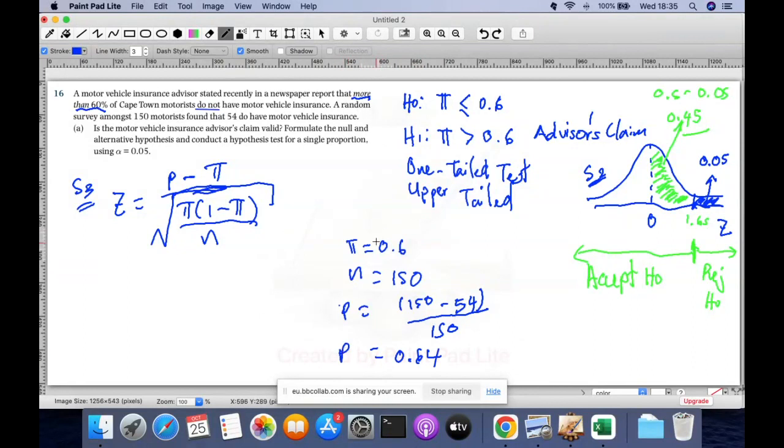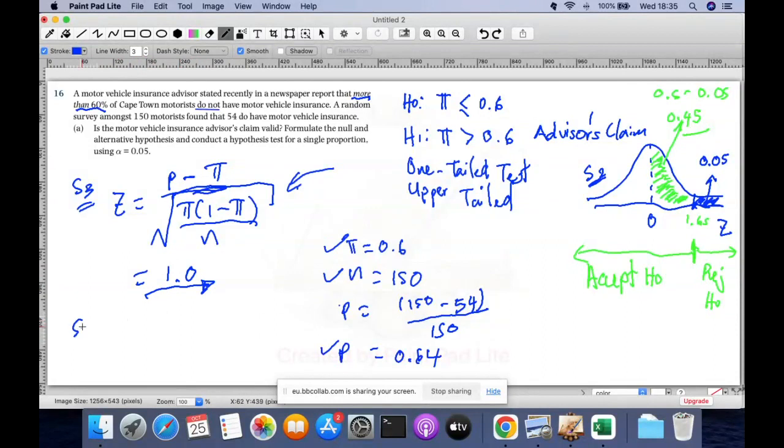So there we go. We have our P value, we have the N value, we have the pi value, and we just plug it into this equation. You plug all those values in, and you'll get a value of exactly 1. It's just coincidental that it works out to such a perfect value. So your Z value is 1. That's your step 3 done.